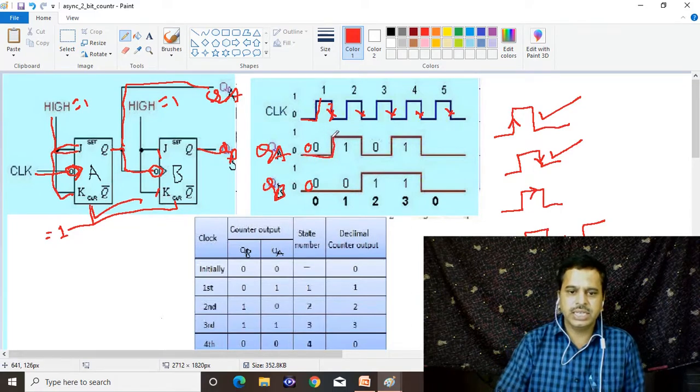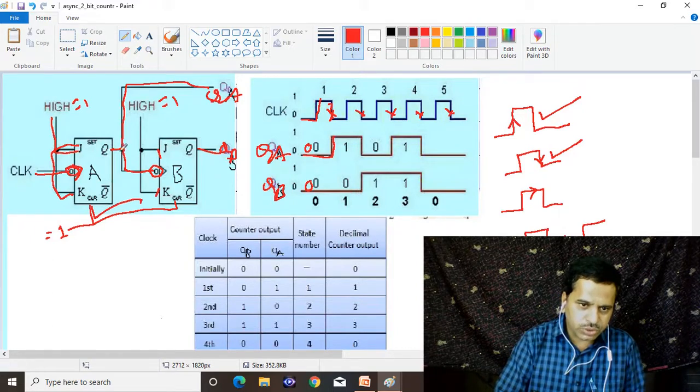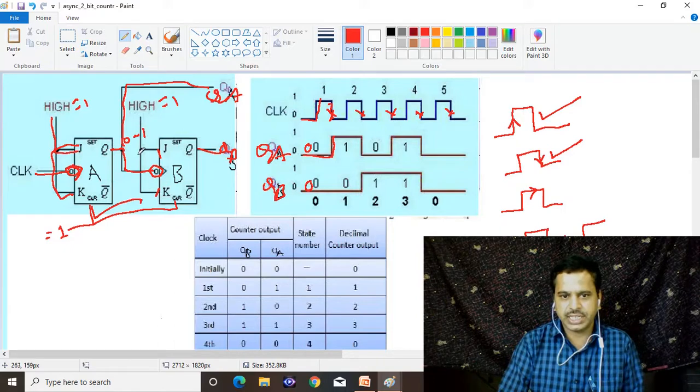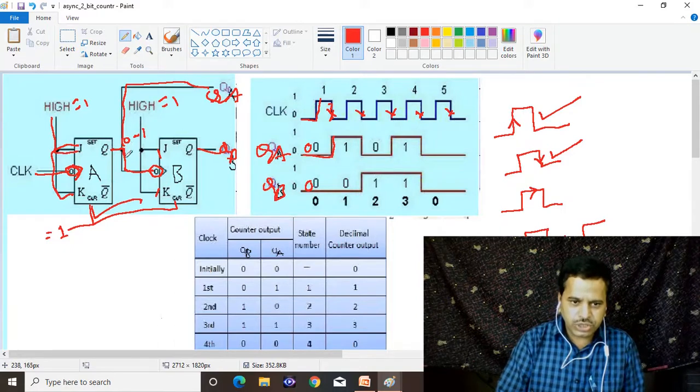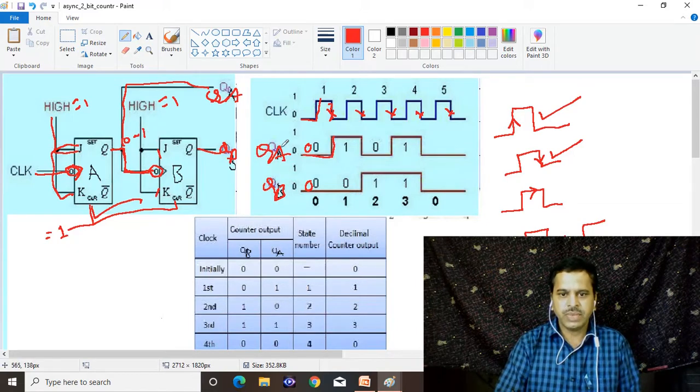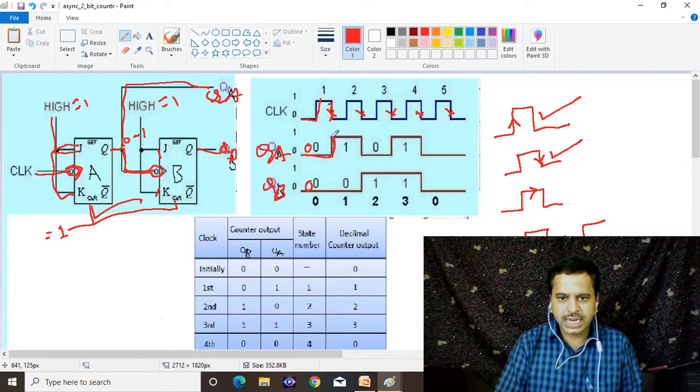When it goes from 0 to 1, the next flip-flop does not feel it as a clock because it is negative edge triggering. It feels a clock only when it goes from 1 to 0. Then it goes 0 to 1 and stays high.